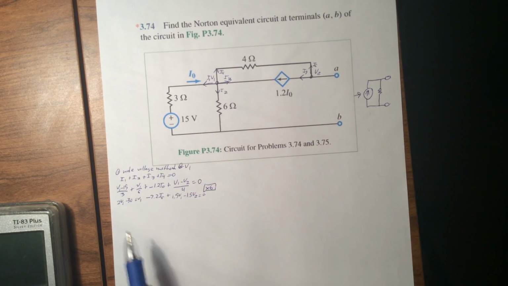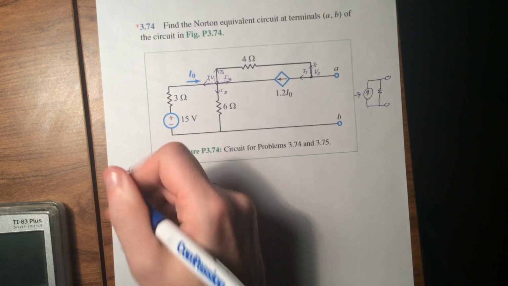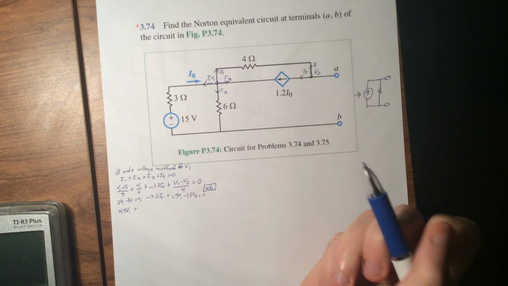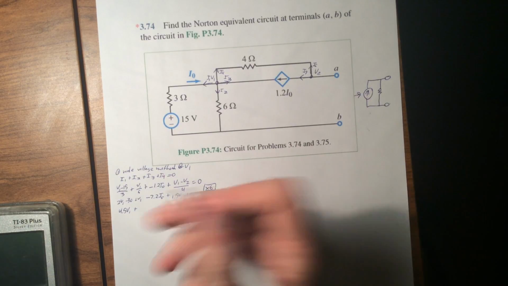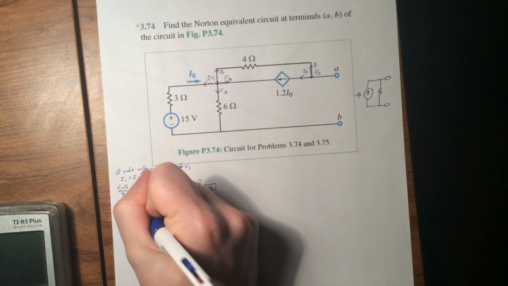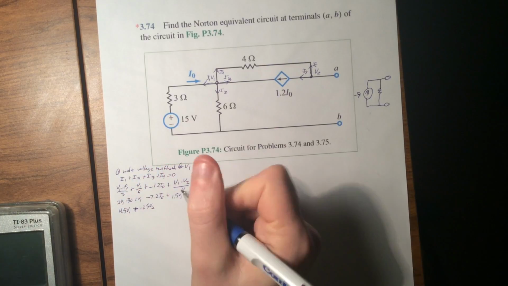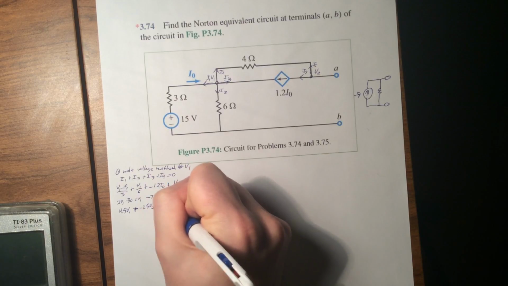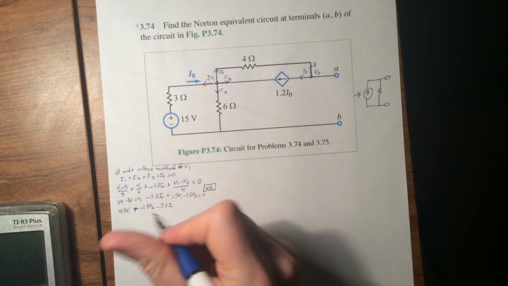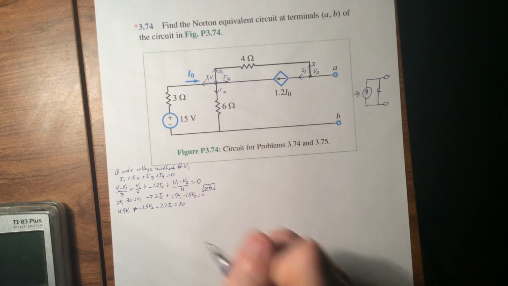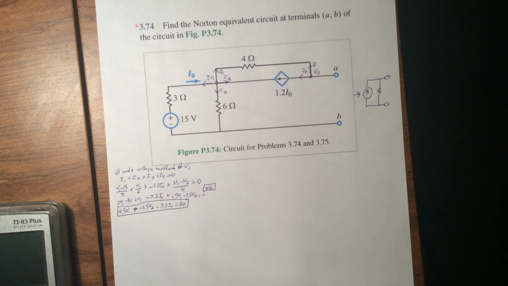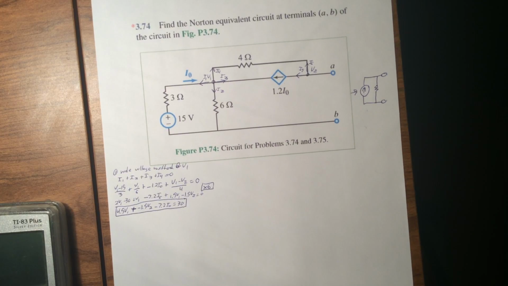Let's collect terms. We got 2 plus 1 plus 1.5, so 4.5 V1, plus negative 1.5 V2, and another negative 7.2 I0, and we pull the 30 over to the other side. So that's our first equation. We're going to box it.